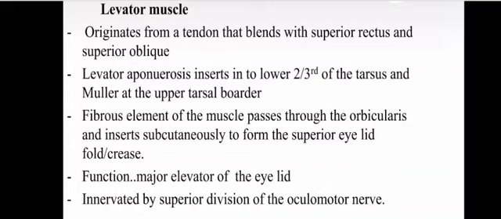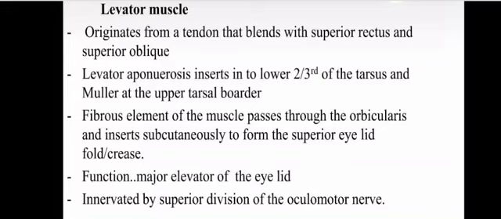The levator muscle, that is the LPS muscle, levator palpebrae superioris muscle, originates from a tendon that blends with the superior rectus and superior oblique muscle. The levator aponeurosis inserts into the lower two-thirds of the tarsus and Muller's muscle at the upper tarsal border. The fibrous elements of the muscle pass through the orbicularis oculi and insert subcutaneously in the superior eyelid fold or crease.